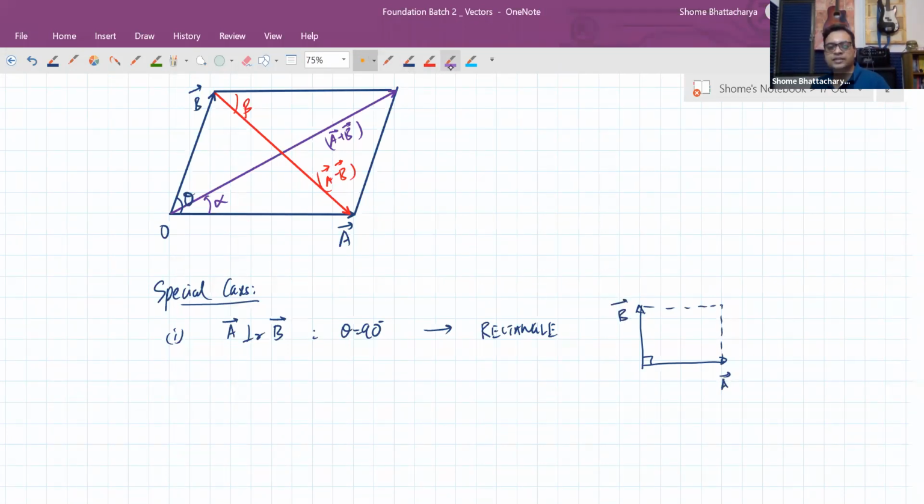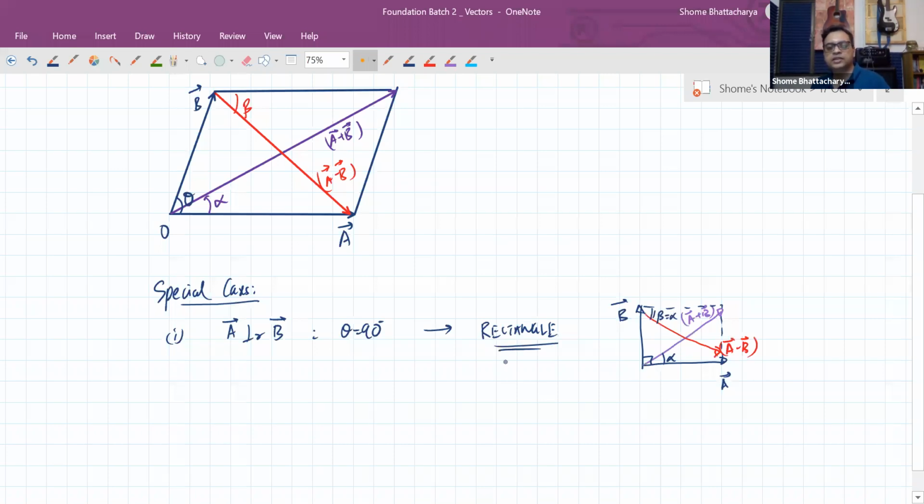So in terms of vector algebra, the important property is that the magnitudes of the sum and difference become equal, and also this angle here becomes equal to this angle.